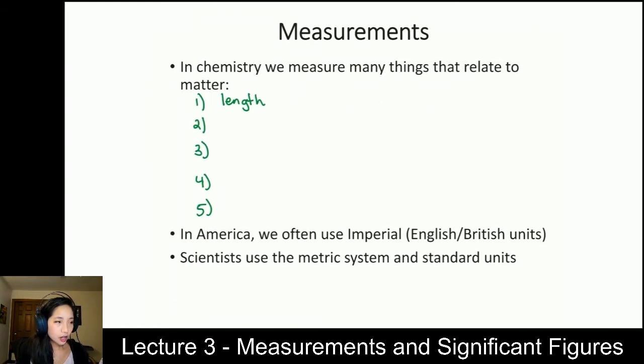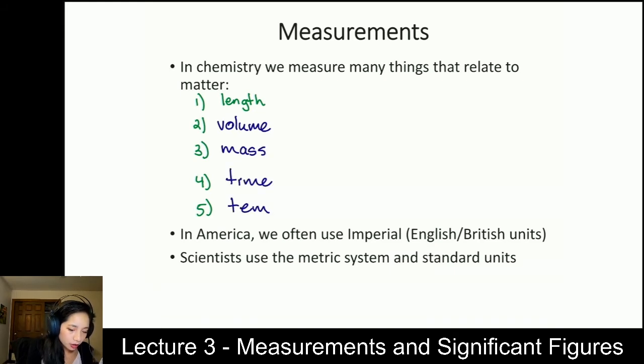Okay. So more on measurement. We can measure many different dimensions of an object. Some that we will talk about in detail include length, volume, mass, time, and temperature.